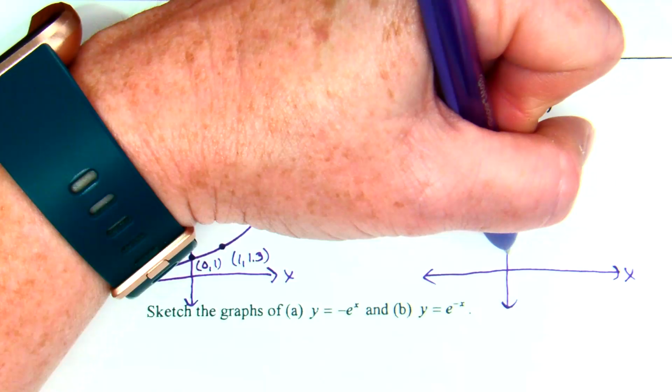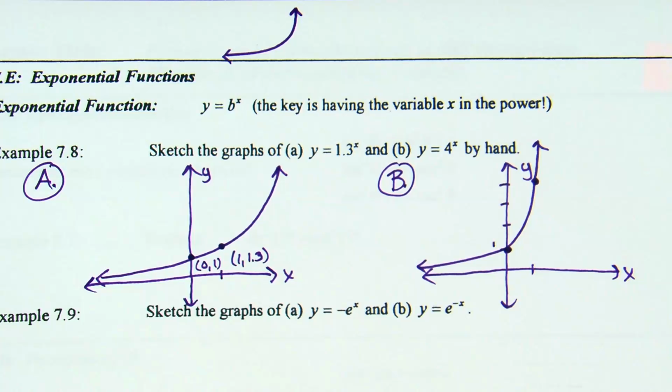And then if you put in 1, it now goes through 1, 4. And so what's true of this graph? Yeah, it's going up much quicker. The bigger that base gets, the quicker the graph goes up. So that's just being able to understand the differences there.